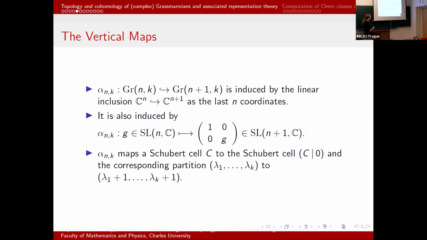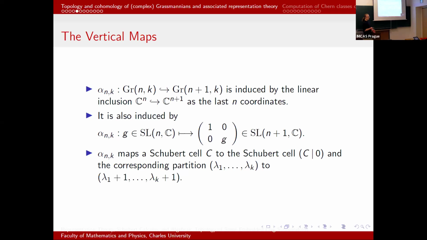First, the vertical maps alpha(n,k) include the Grassmannian of k-planes in Cn inside the Grassmannian of k-planes in C(n+1), and the map alpha(n,k) is induced by the linear inclusion of Cn inside C(n+1) as the last n coordinates.